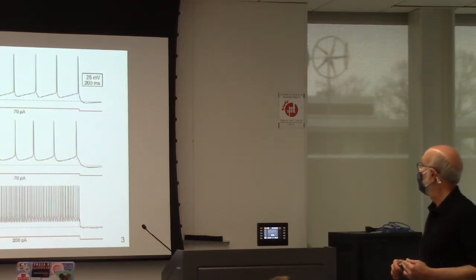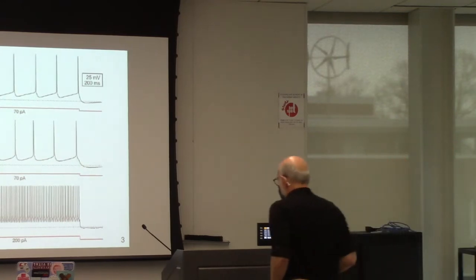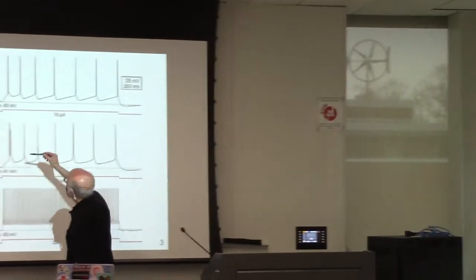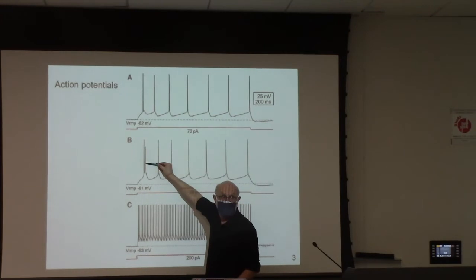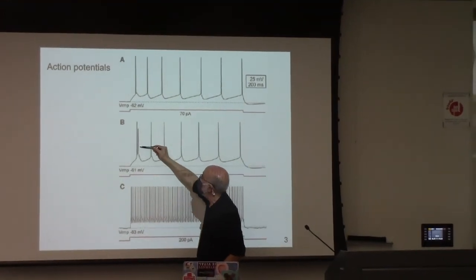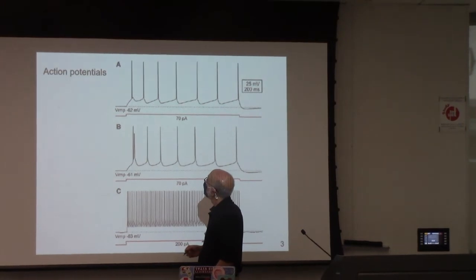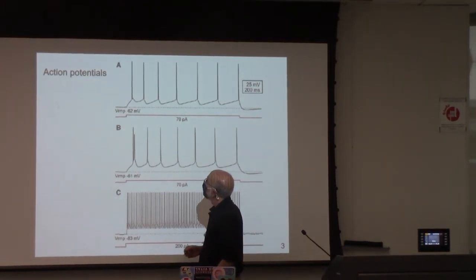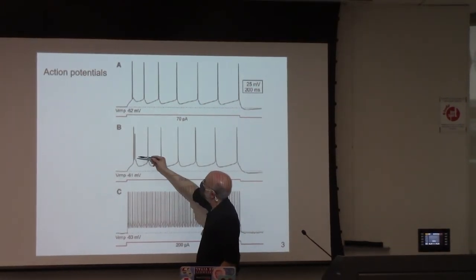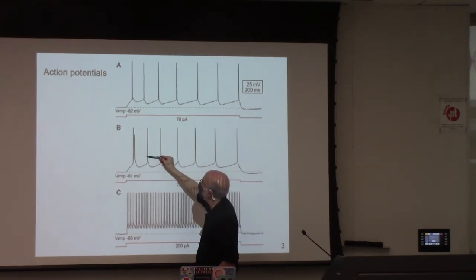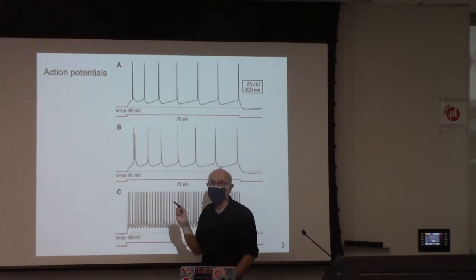Is that because it spiked twice? The gap between this one and this one, the second one, and the gap between this one and this one? Yes. Does that have to do with anything? So the gap between this one and this one is shorter than the gap between this one and this one.